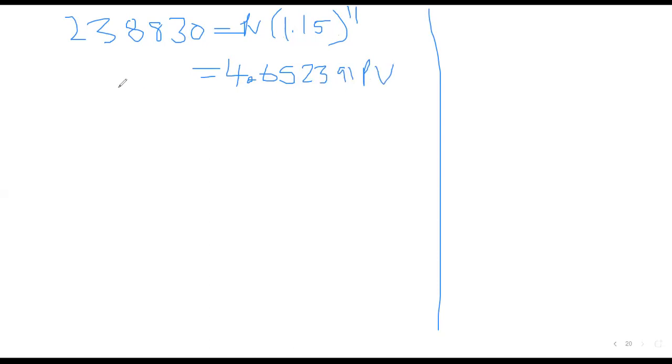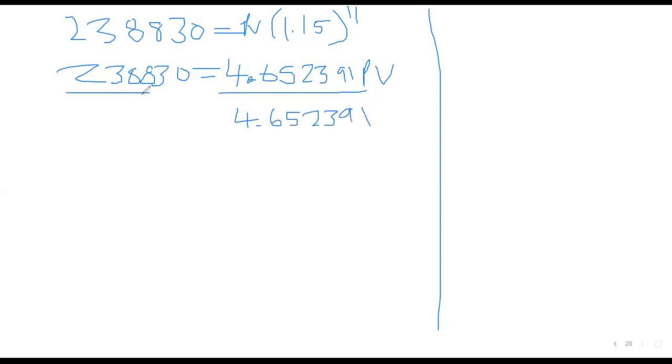And for PV, we take 238,830 and divide by 4.652391. So we find the PV.